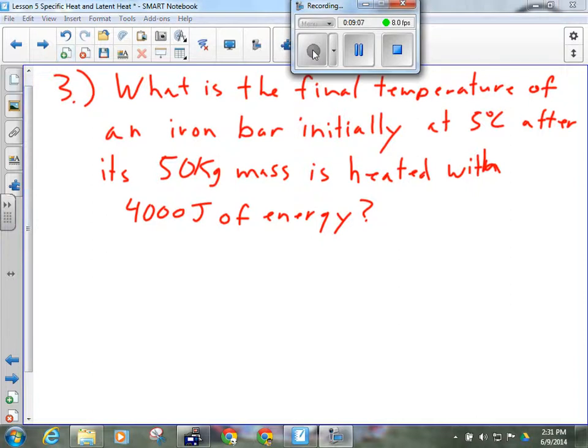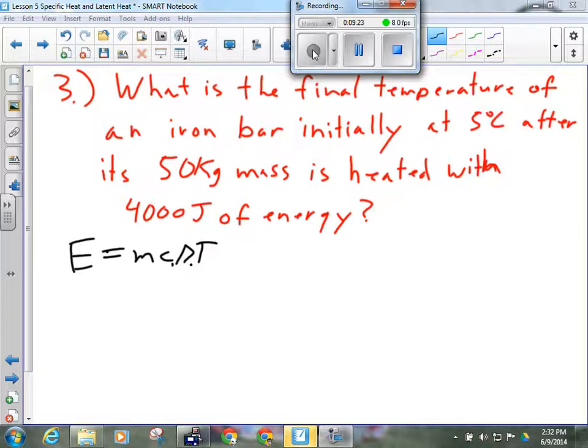All right. So to solve this one, we know that the things that are part of this formula, E equals mc delta T, are mass, specific heat capacity, and temperature change. Is final temperature part of any of this? No. Well, sort of. It's part of temperature change, agreed?